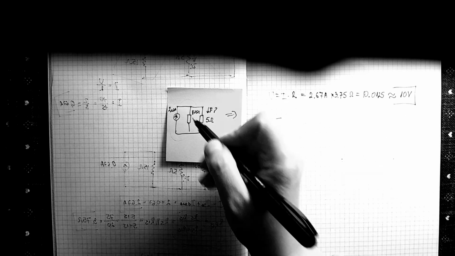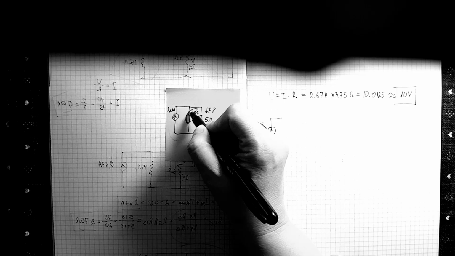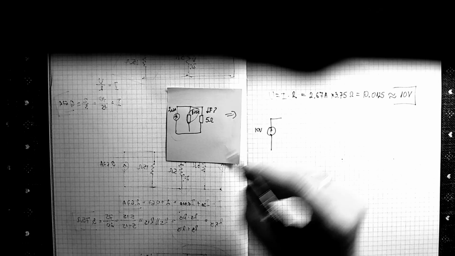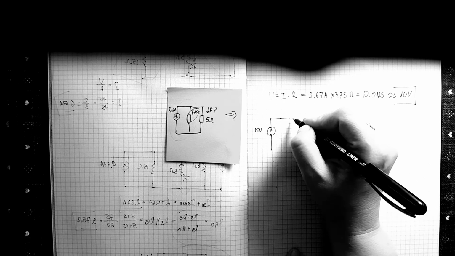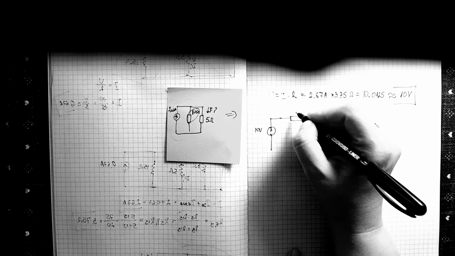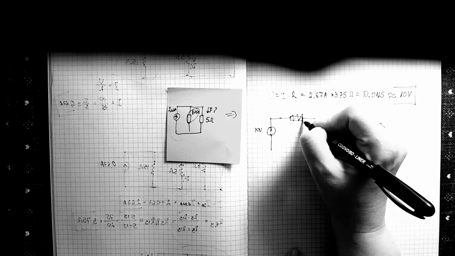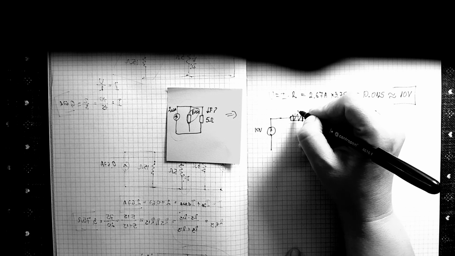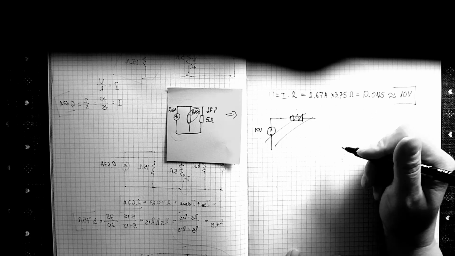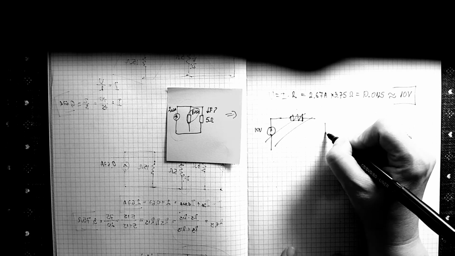As you remember, we will change the position of this one, but the value will stay the same, so it will be drawn here. Sorry, let me correct this one.